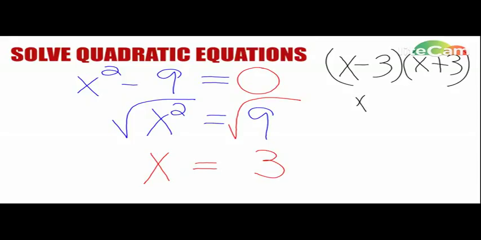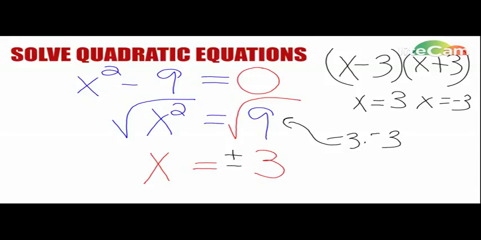However, in our previous example, x minus 3, x plus 3 is the same as x squared minus 9. And the answers are 3 and negative 3. But if you look at negative 3 times negative 3, doesn't a negative 3 times a negative 3 equal 9? So if a 3 can make 9 and two negative 3's can make 9, then my answer can be a positive 3 and a negative 3.